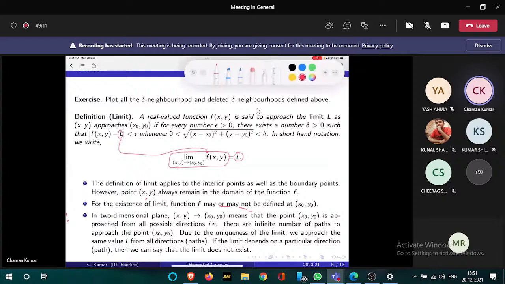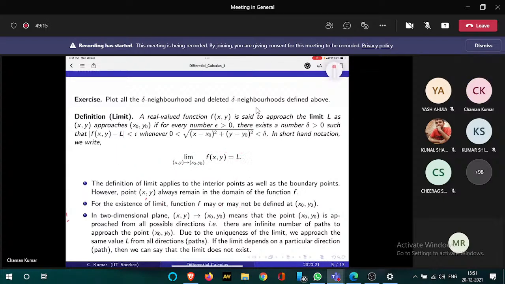And when you write this expression, that this limit is L, it means that you are writing everything, all these things you are writing. So this whole sentence is given this notation.